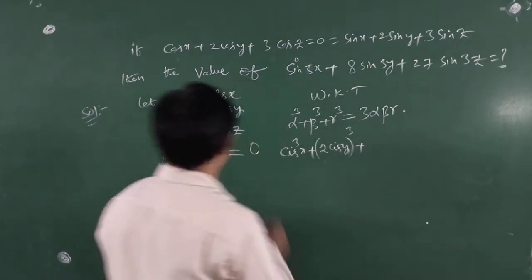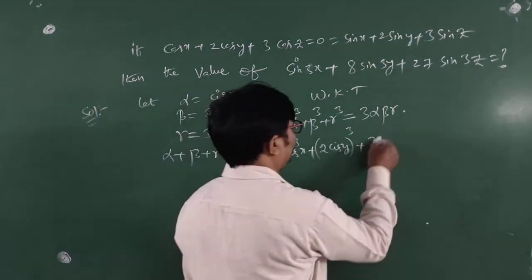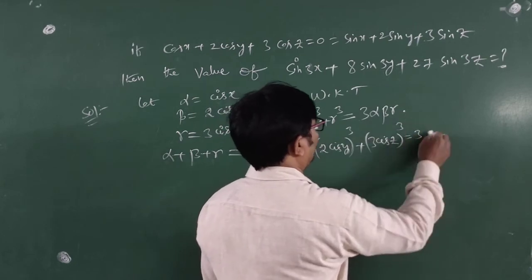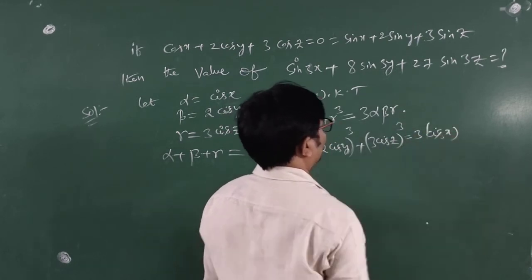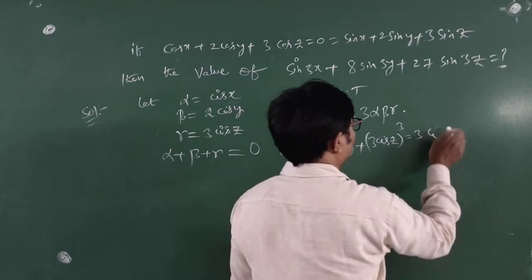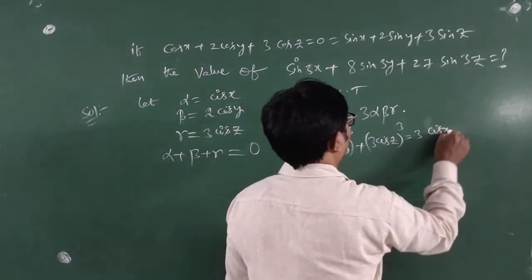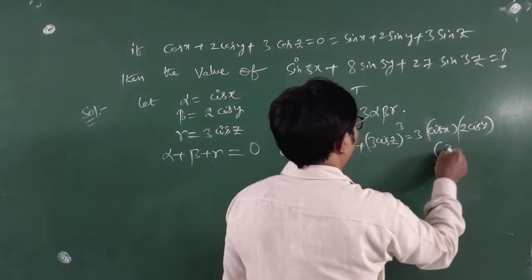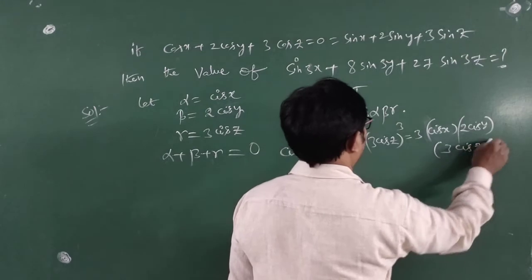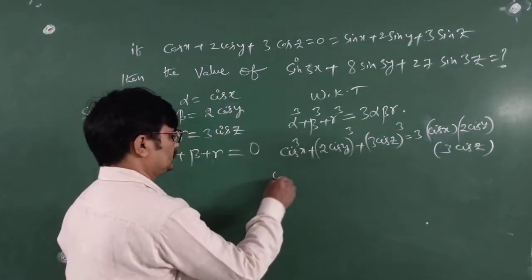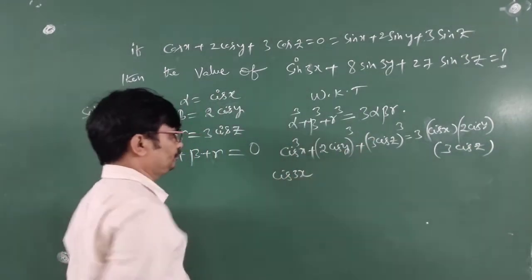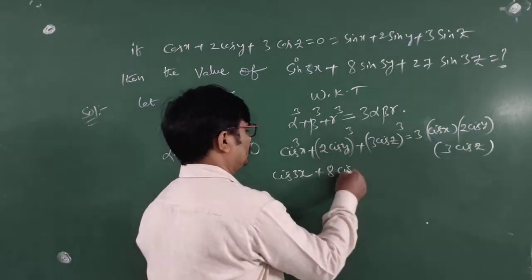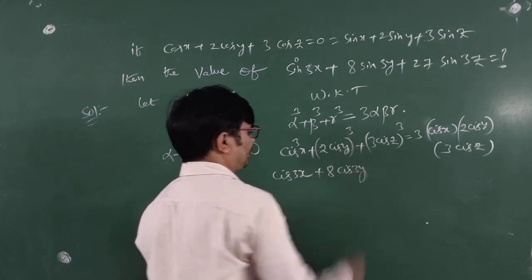What is gamma cube? 3 into e power iz whole cube. Alpha is e power ix, beta is 2 into e power iy, gamma is 3 into e power iz. Now students, this is e power 3ix. 2 cube is 8, e power 3iy.